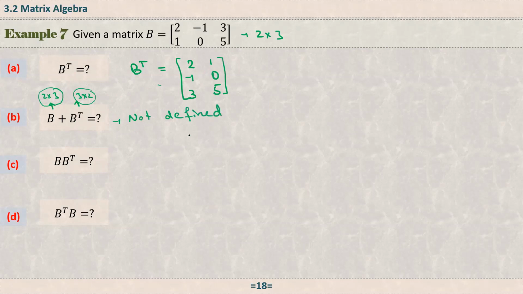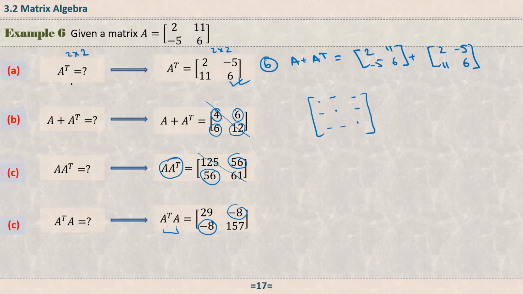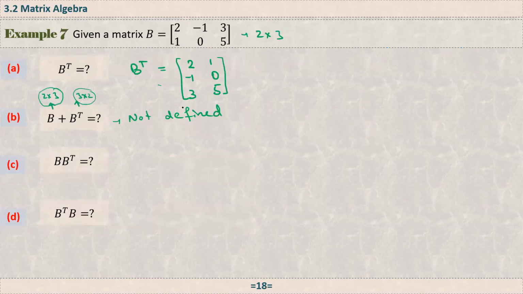That means that if you just add B to its transpose, it may not be possible. Even the previous one, A plus A transpose, works when we have square matrices, and then we have a symmetric matrix. Otherwise, it's not possible if B is not a square matrix, because it changes from 2 by 3 to 3 by 2. It's only possible if these numbers are equal, which means that B is a square matrix.